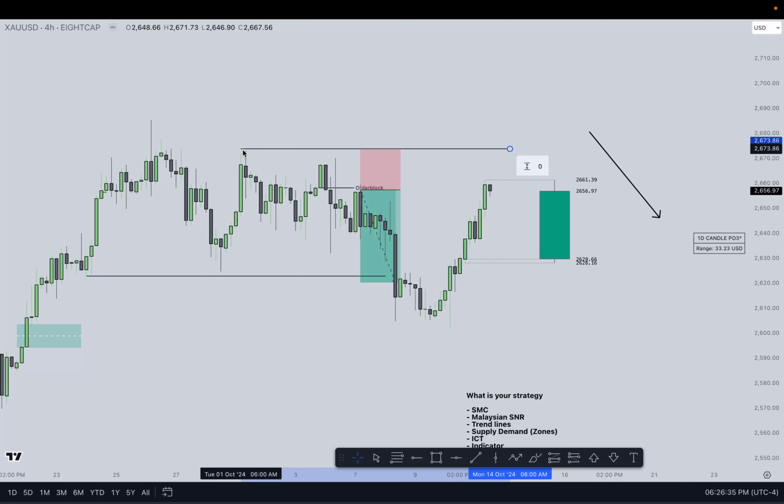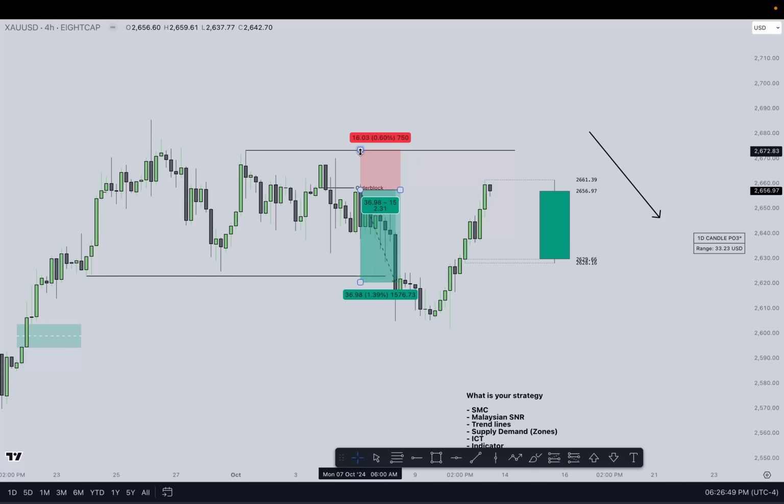Notice that my stop loss is resting just right here. This is why the market is targeting highs and lows. It's not targeting the supply zones. It's targeting the orders: the buy stops and sell stops below, buy stops above, and the stop losses somewhere above the highs.